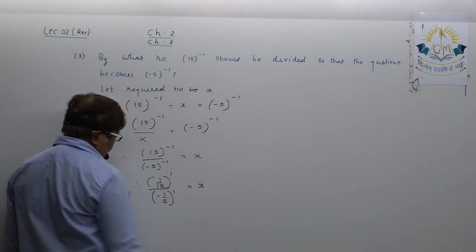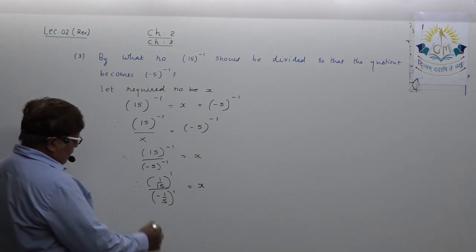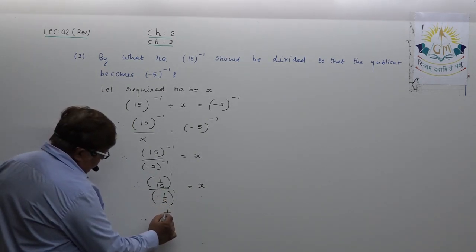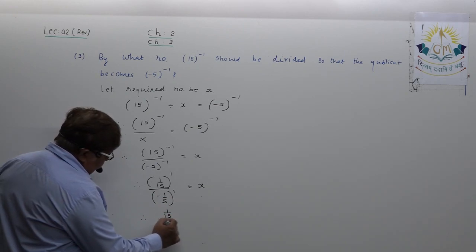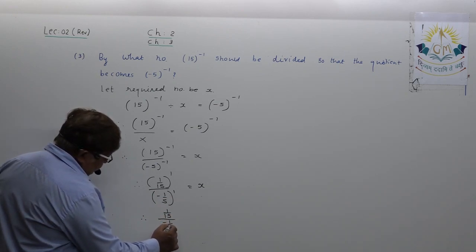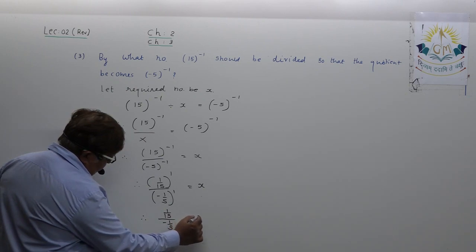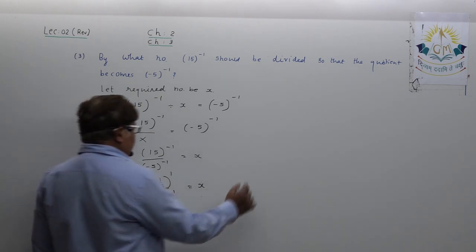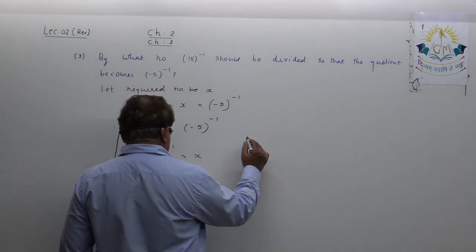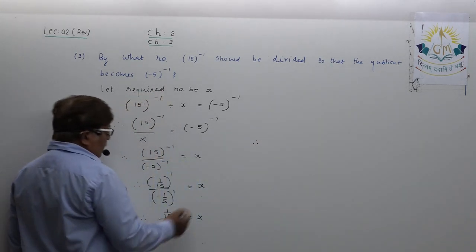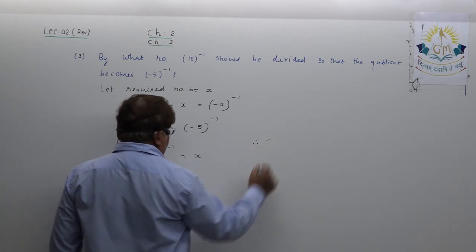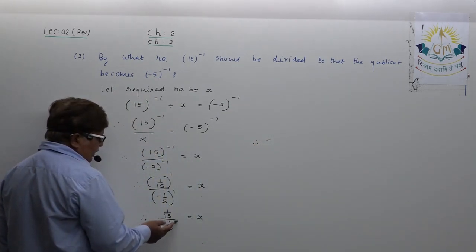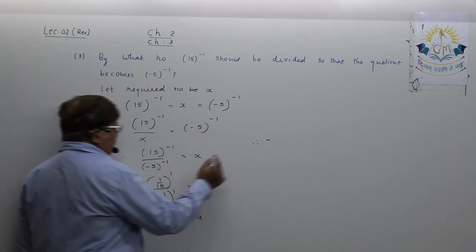Next step, power 1, the term remains as it is. Now just a question of transferring the term. Overall minus sign will appear because it appeared in the denominator, 5 and 15 here.